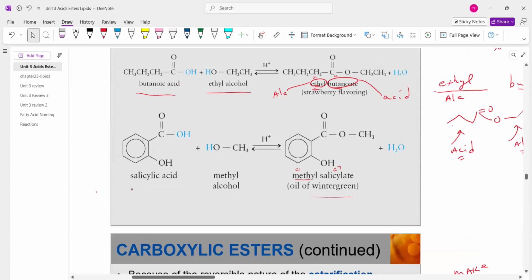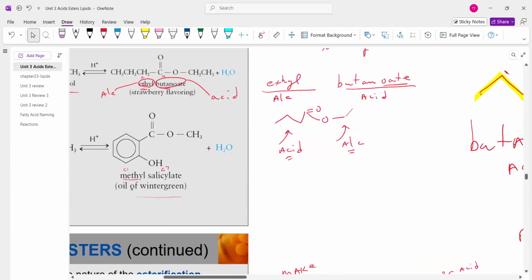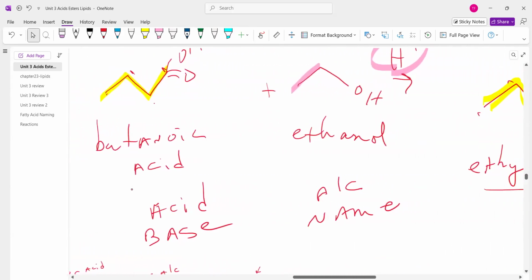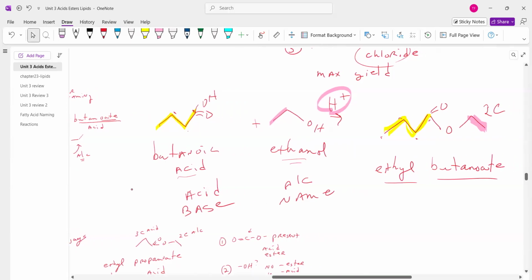Okay, so that's method number one. Acid plus alcohol gives us the ester. Now, when we start naming esters, we have to include the alcohol part and the acid part.